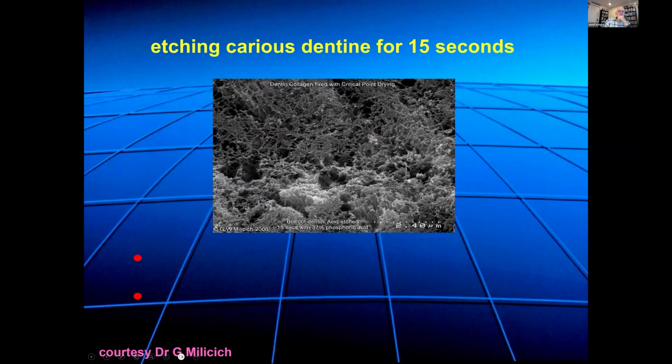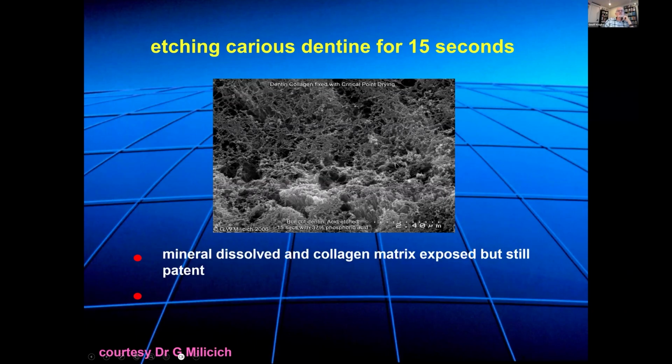Now, this is a slide of my friend Graham Milicic, showing carious dentine that has been etched for 15 seconds, so the mineral has been dissolved out of the collagen matrix, but the collagen matrix is still patent. You've got this level of demineralized, carious collagen over the entire surface of the tooth.